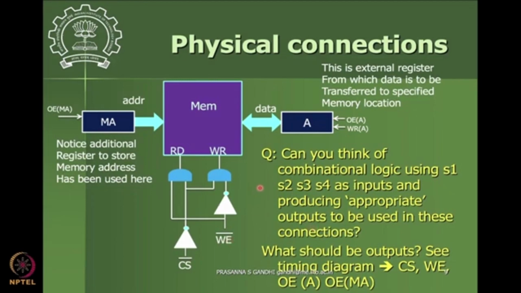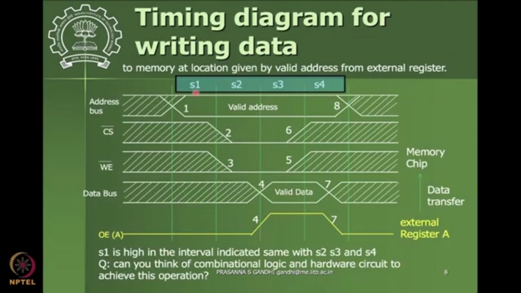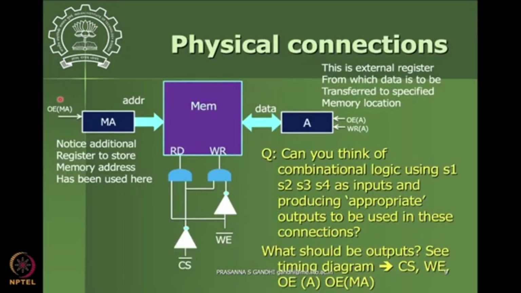So if you go back and see, in all 4 cycles of S1, S2, S3, S4, the address bus has valid data, which comes from making OE for the memory address high. So we OR these inputs S1, S2, S3, S4 with each other to produce some output. That output will be connected to this output enable of memory address.